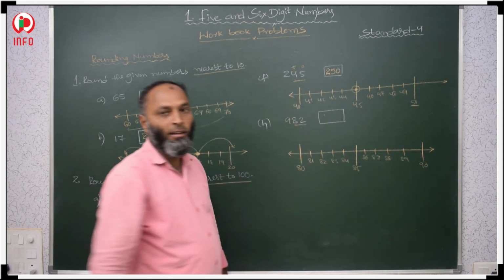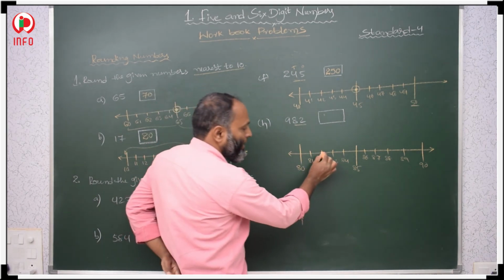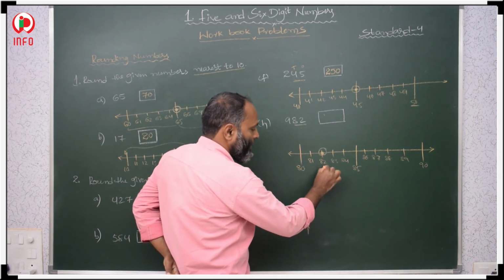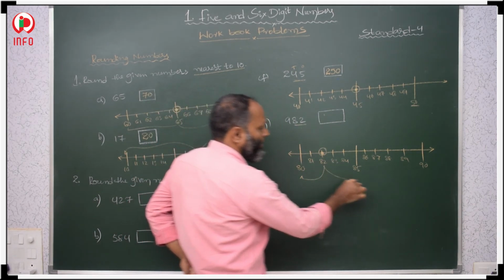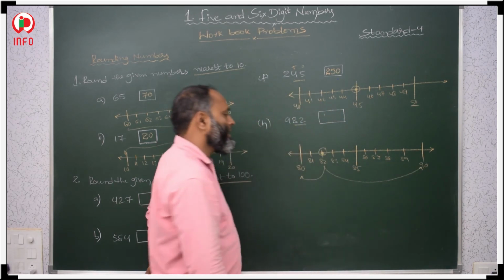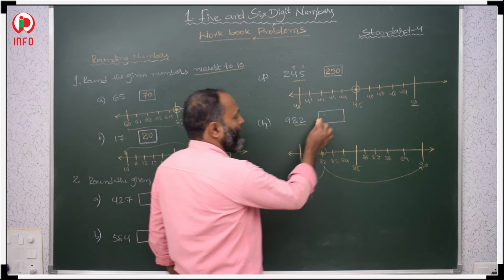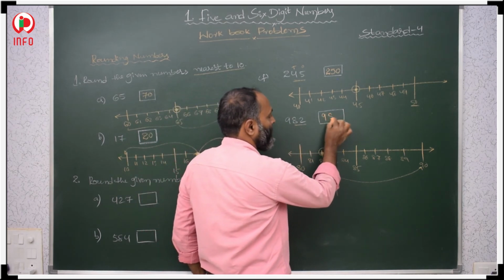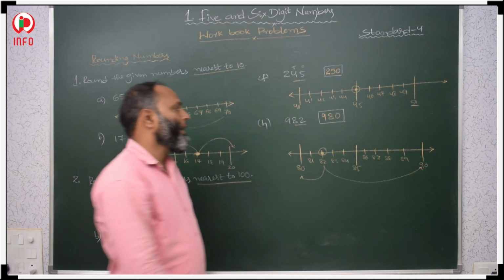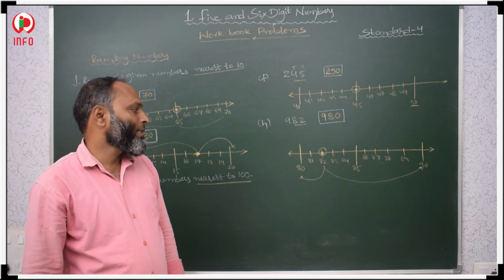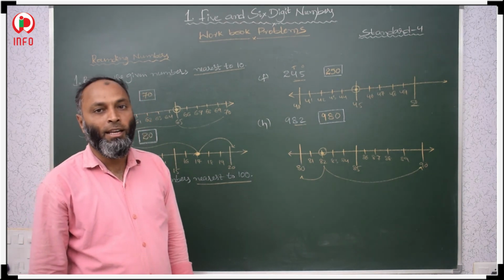So what is here? 82. 82 is near to 80 and far from 90. So the nearest to 82 is 80. Then 980. The nearest ten to 982 is 980.